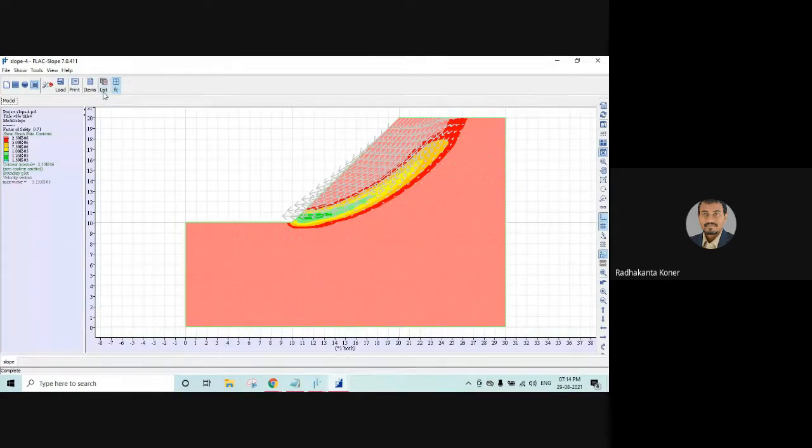And this ash color dotted arrow line is basically showing us the resultant vector plot. Resultant vector plot means the resulting cumulative velocity of that particular mass, in which direction. This velocity is the resultant of x and y both, so the square root of x square plus y square.